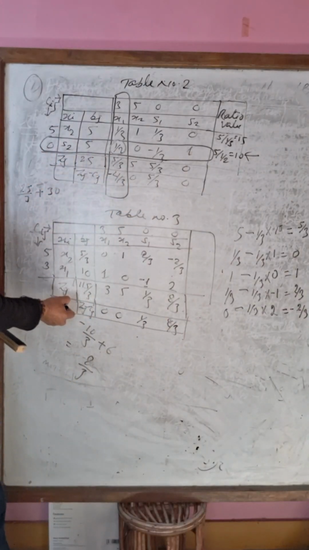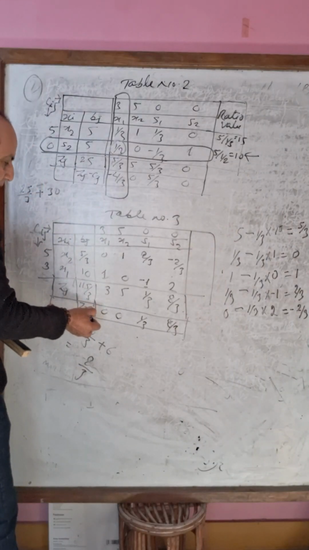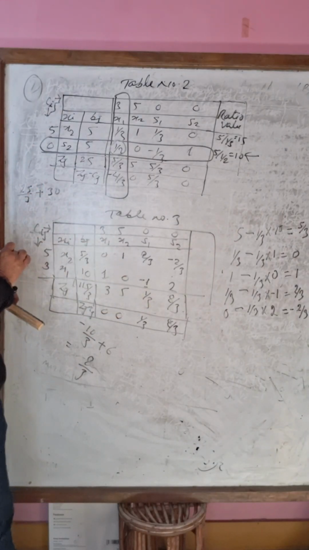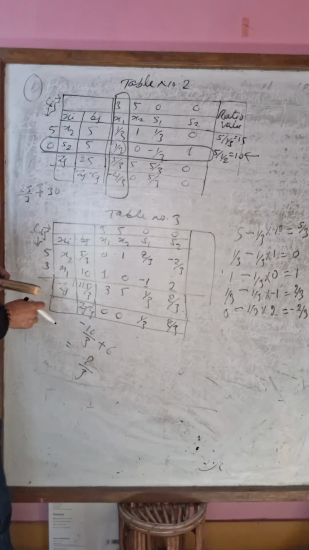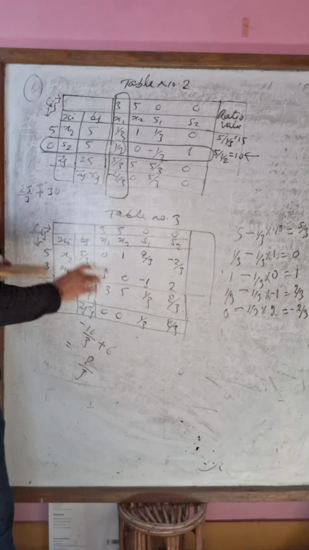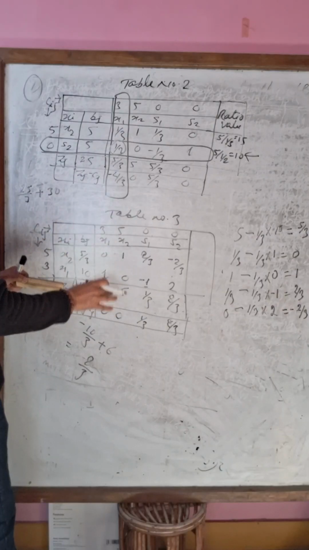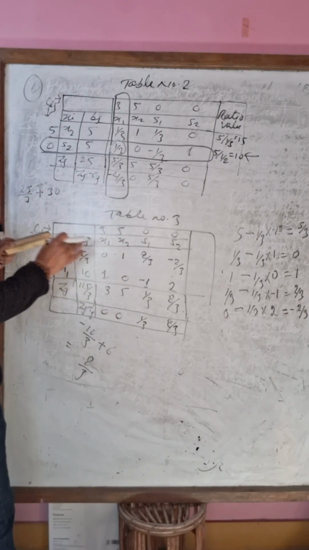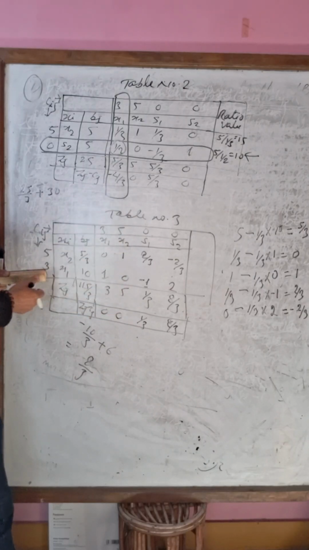So all the elements of Zj minus Cj are 0 and positive. So in this table, the optimum solution is obtained. No element is negative. All elements are 0 and positive. So further calculation is not needed. The optimum solution is obtained in table number 3.